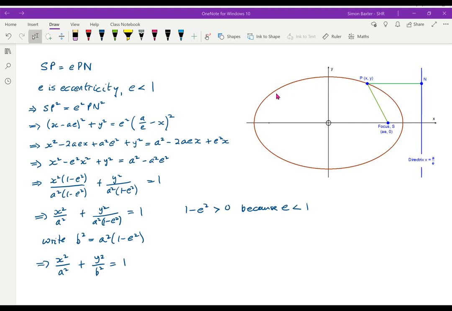So here we have the ellipse x squared over a squared plus y squared over b squared is 1. And the result that we picked up from this is that the connection between a, b, and e is that b squared is equal to a squared times 1 minus e squared.